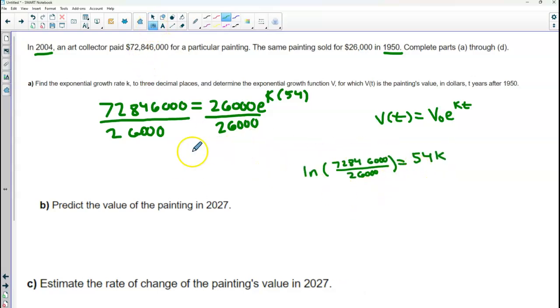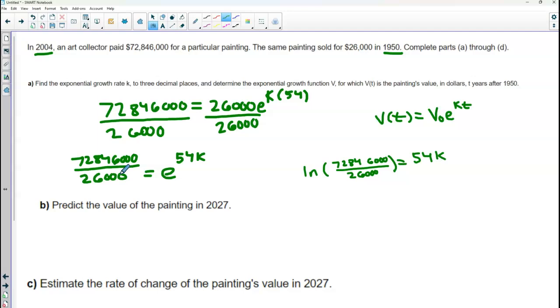And remember, if you divide both sides, on the right side of this equation you get k times 54, or 54k. Same difference. This was just that ratio there, so I'll write out all the steps here. So that's how we got that logarithm. Natural log because it's base e.